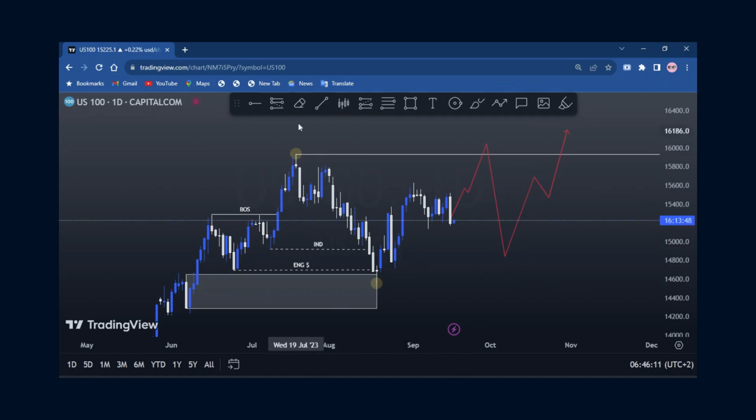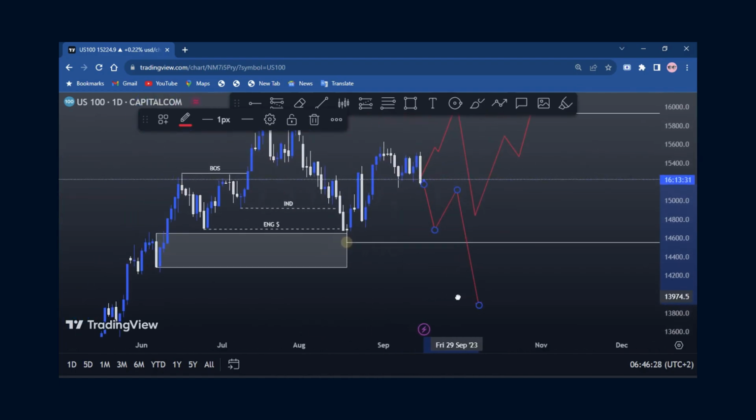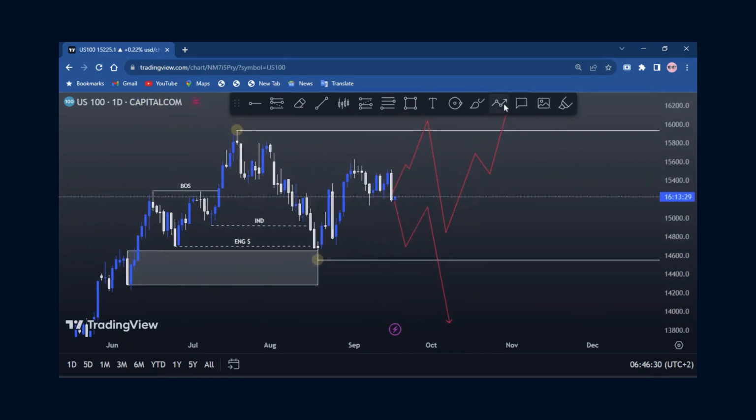But if the market decides to come and break this lower swing low, let's say the market decides to go down and it breaks this lowest point, this swing low, then we'll anticipate the market to proceed to go and collect orders, maybe in that extreme order block, right? So we'll anticipate something like this.